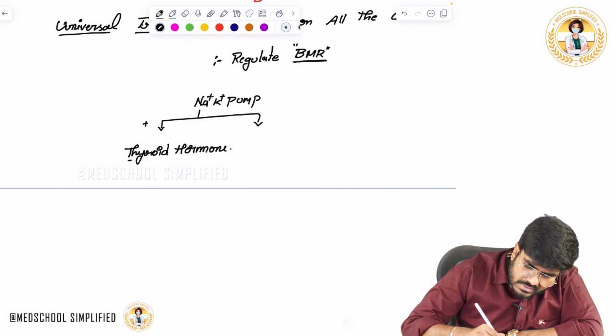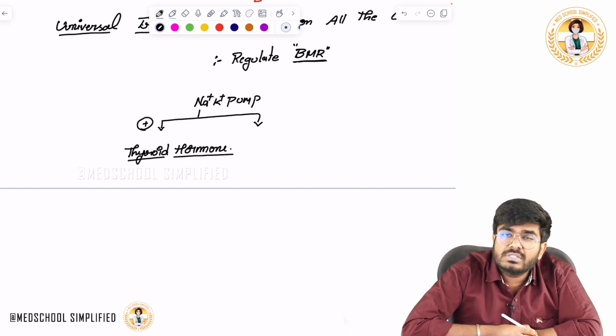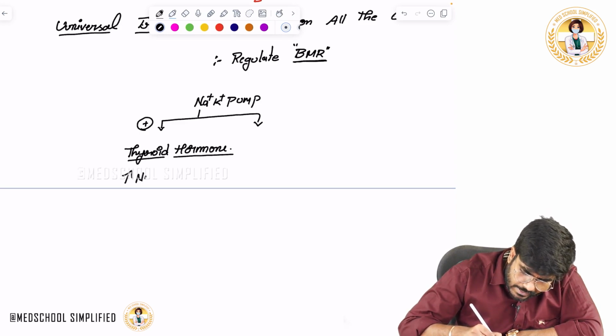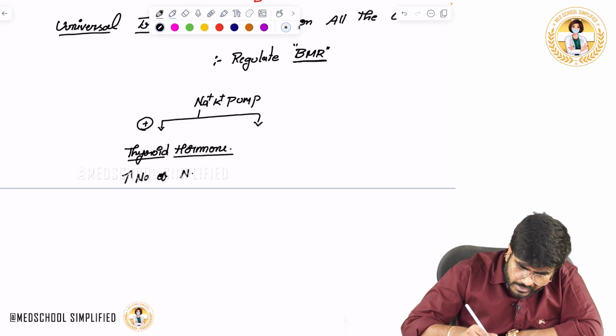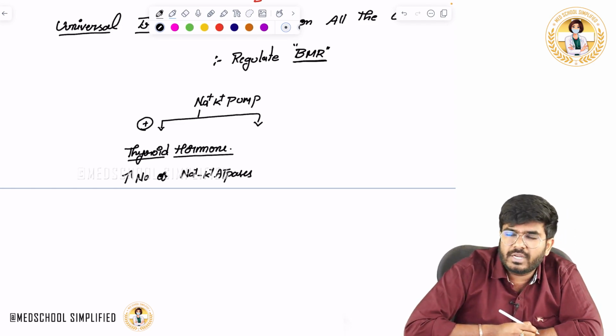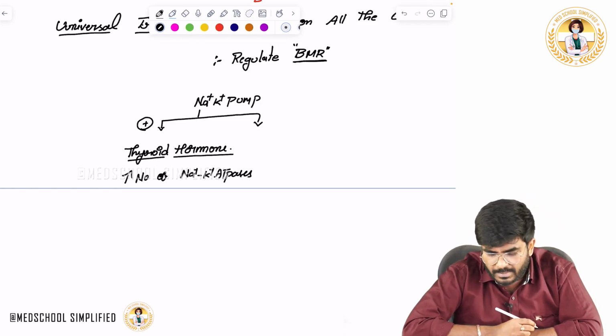Thyroid hormones activate sodium potassium ATPases. Actually, the thyroid hormones increase the number of sodium potassium ATPases, so basal metabolic rate also increases. More ATP is getting broken down, so more basal metabolic rate.